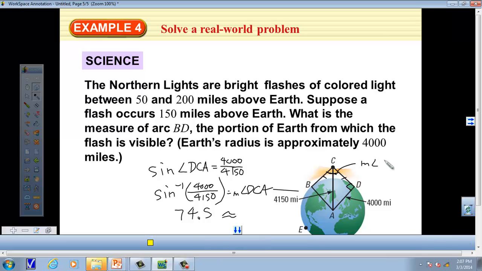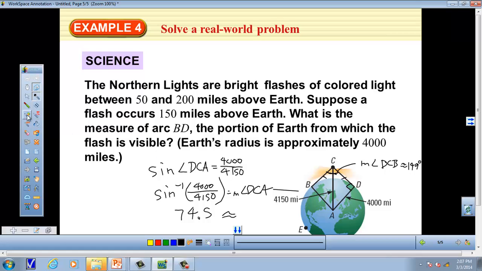Oops, sorry. DCB is equal to approximately 149 degrees. Now, we want to know what arc BD is, where BD is from here to here. Okay?